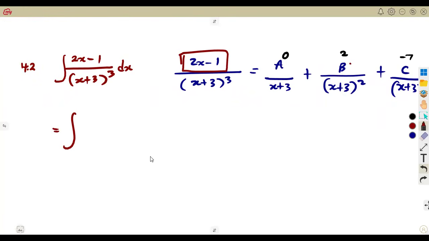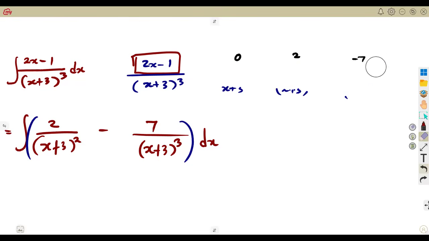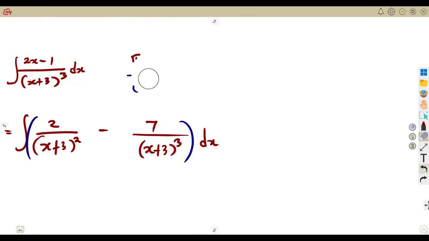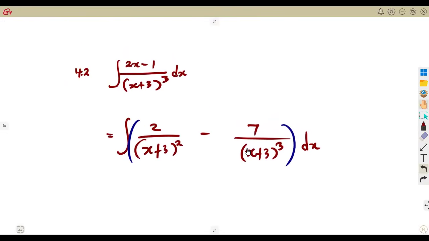So you move on to 2 over x plus 3 squared, minus 7 over x plus 3 to the exponent of 3. This is what you're going to have at the end. So you're going to integrate this with respect to x now. So your partial fractions helped you to expand this into fractions that you can integrate. Can we integrate this?